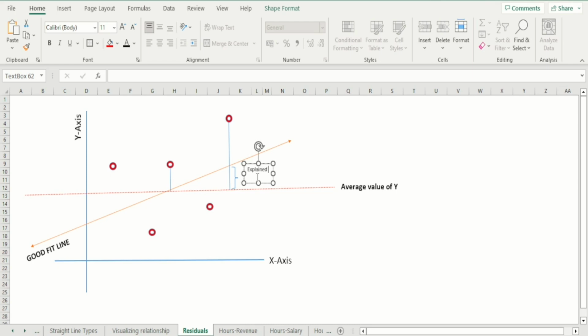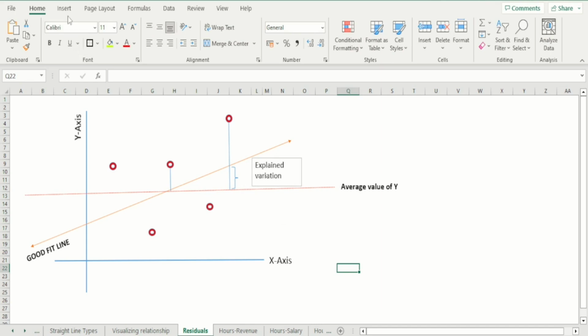This is known as the explained variation because this difference can be explained by the straight line or the linear model, the line of good fit that we just looked at. So this is the explained variation.